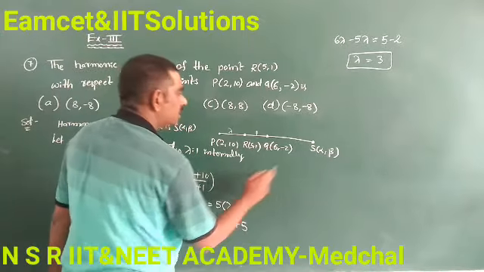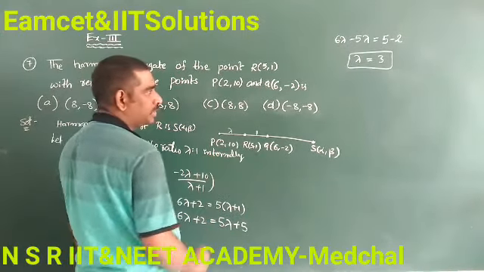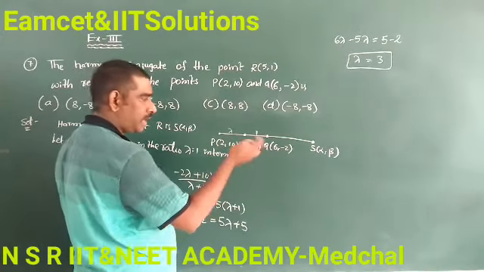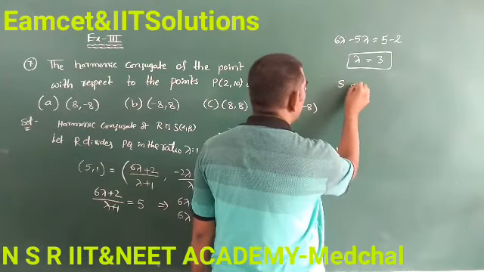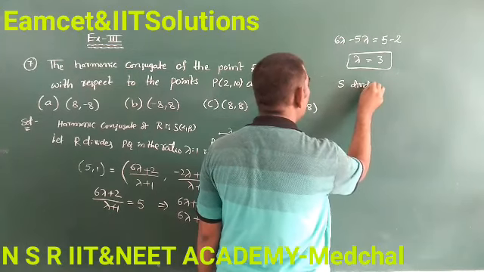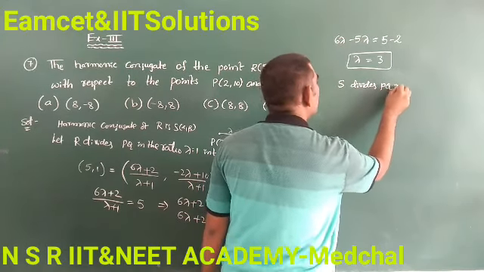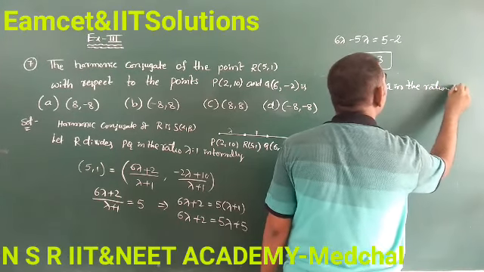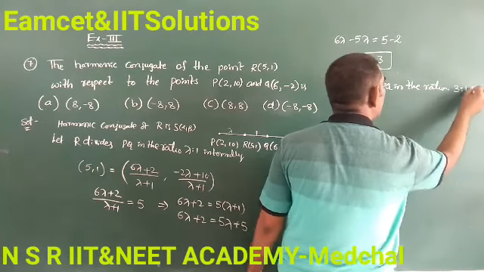Now S divides PQ in the ratio, lambda value is 3, so 3:1 externally. So S divides PQ in the ratio 3:1 externally.